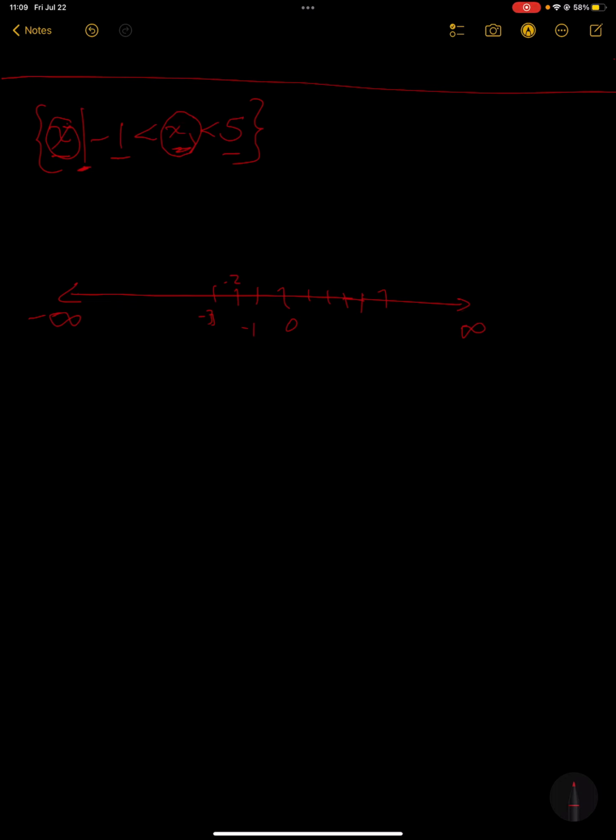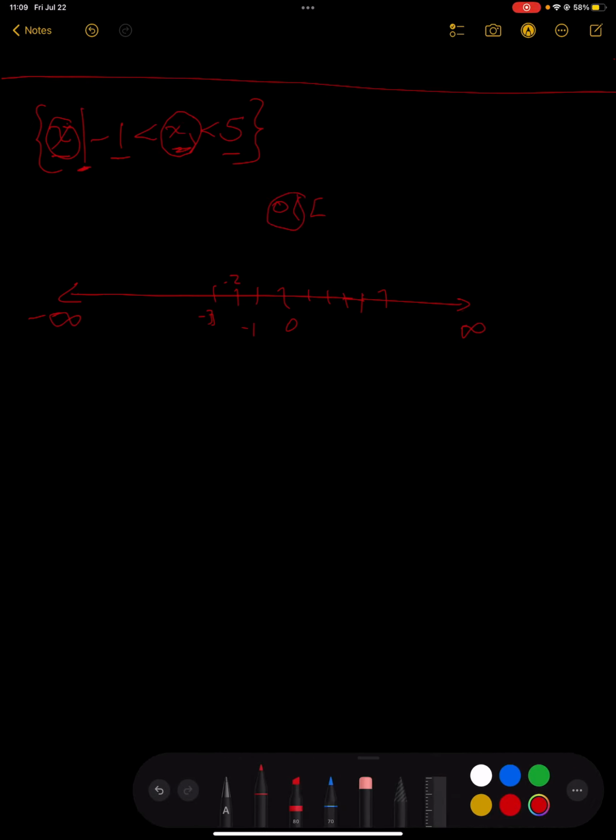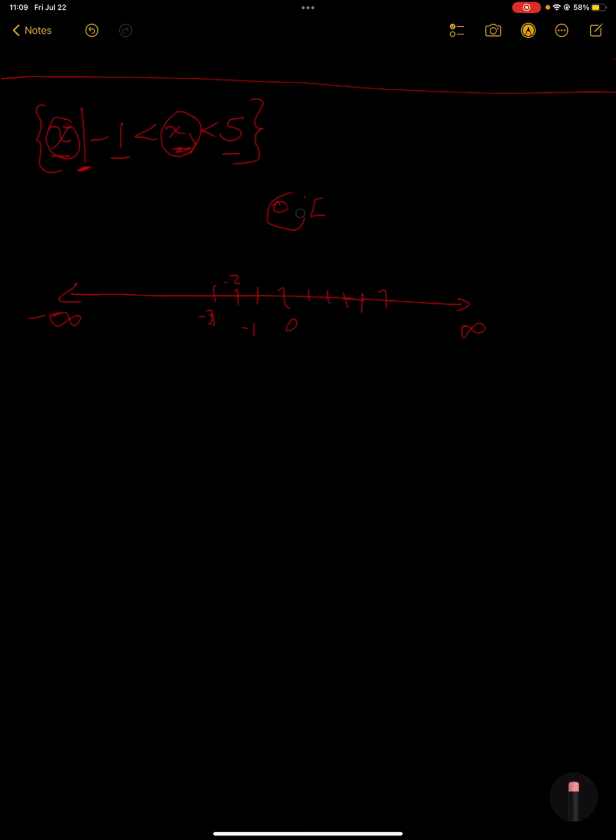The idea is we have two ways of graphing that. One, we can do a graph with a little circle or with a parenthesis. Or we can do a bracket. The circle and parentheses are basically saying that the -1 is not included, all right?